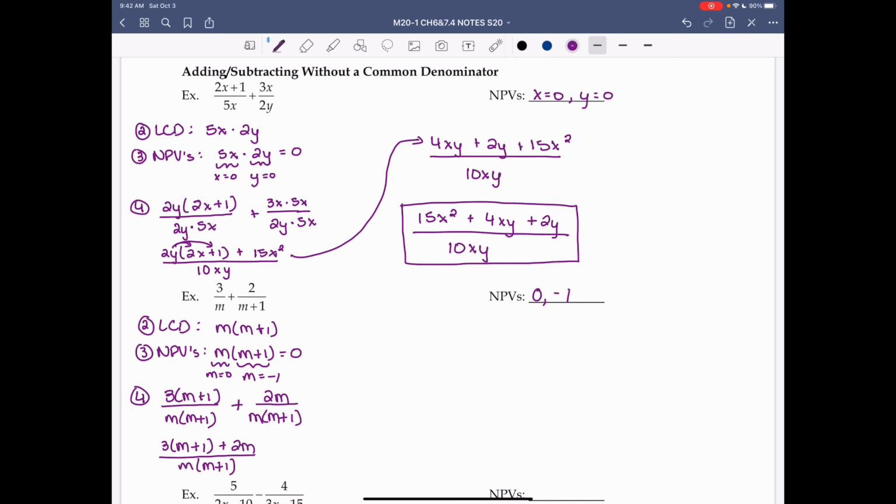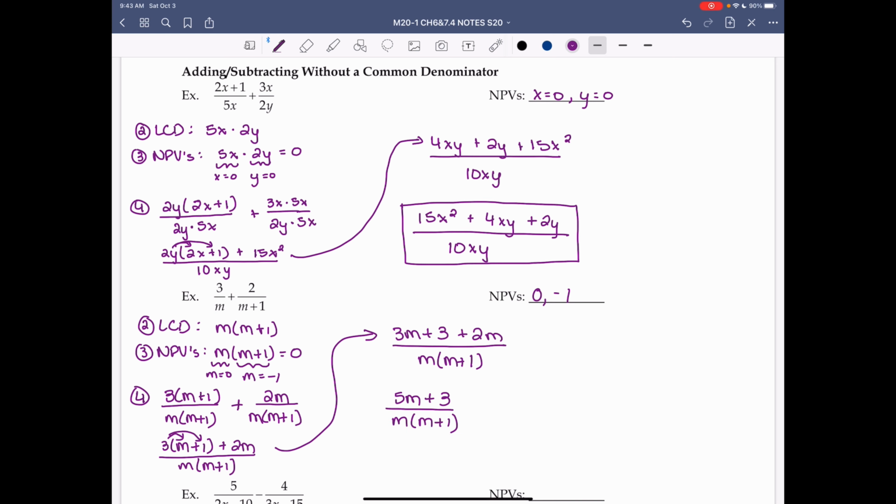And we can simplify, so multiply this 3 into the brackets. We get 3m plus 3 plus 2m over m times m plus 1. And combine like terms, 3m plus 2m is 5m plus 3 over m times m plus 1.